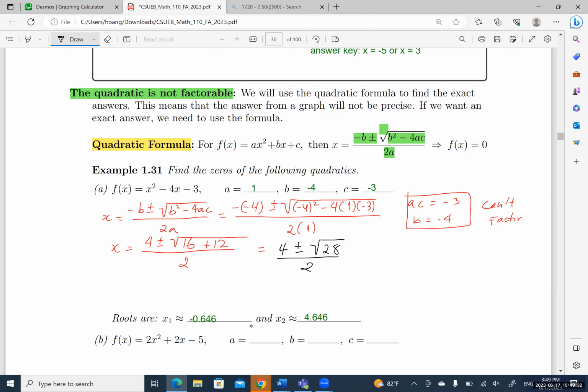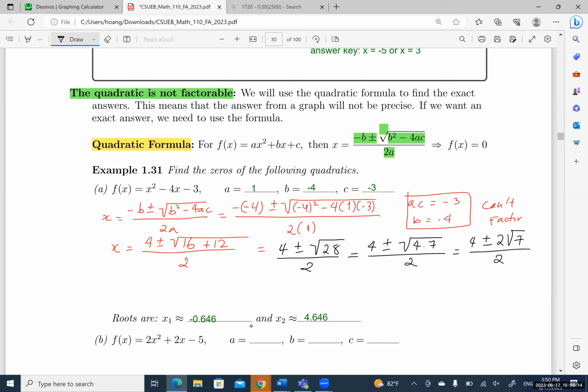At this point you can actually use a calculator, but you can also simplify one more time. That's 4 plus or minus the square root of 4 times 7, over 2. It's going to be plus or minus 2 times the square root of 7, over 2 here.